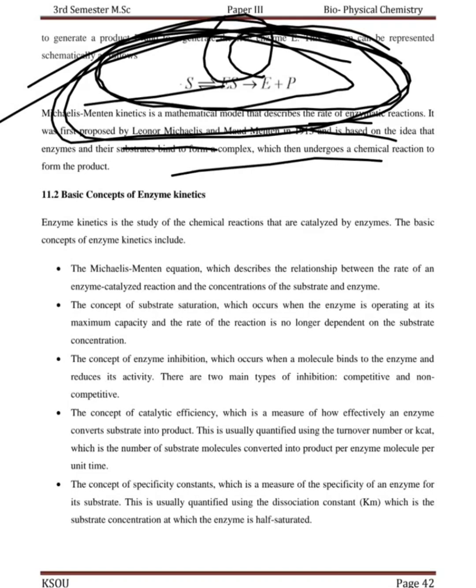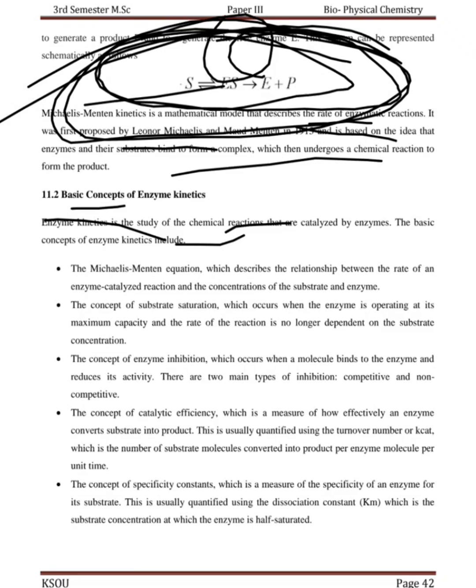So basic concepts of enzyme kinetics. What are the basic concepts they have explained here. In this, enzyme kinetics is a study of chemical reaction. So chemical kinetics is a chemical reaction, and enzyme kinetics is a biological reaction that is catalyzed by enzymes.